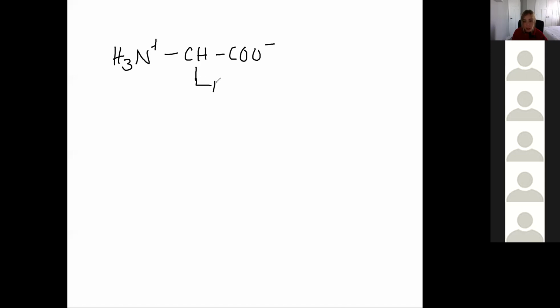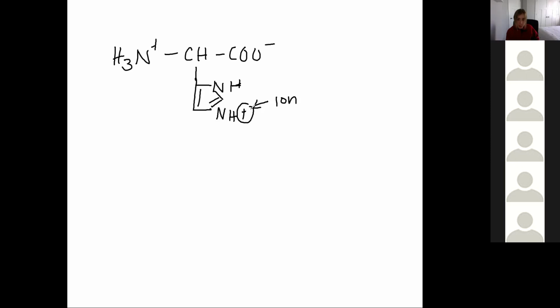And then I'll draw it the layman's way. This has a charge, so we know it has to be acidic or basic because it has this ion here. An ion is just what happens to this in terms of electrons.